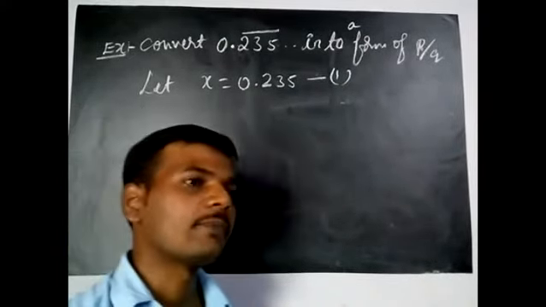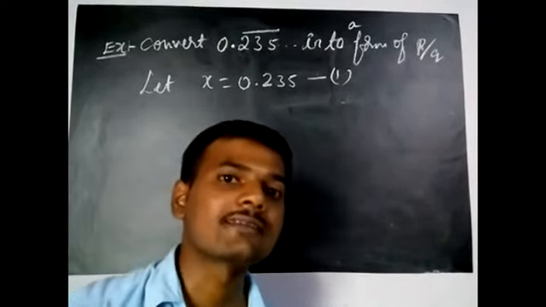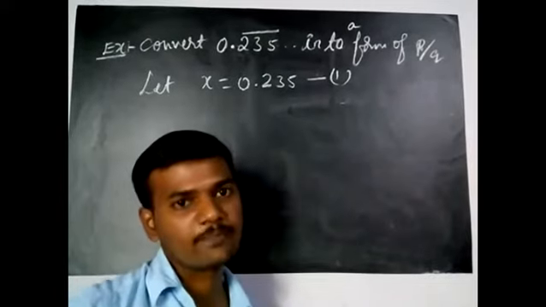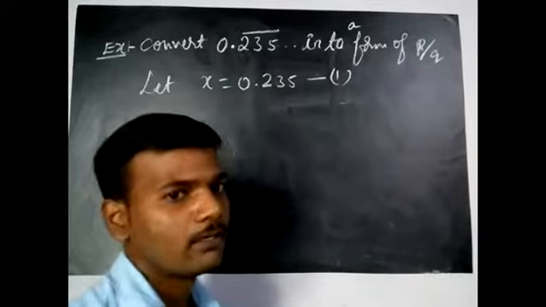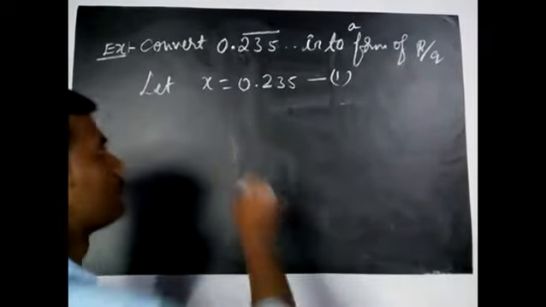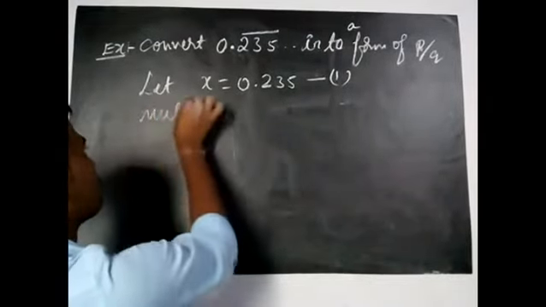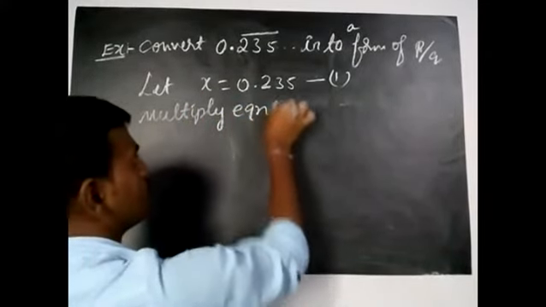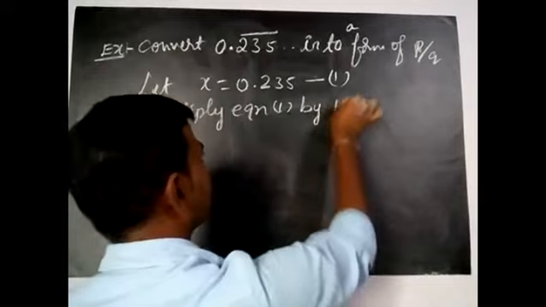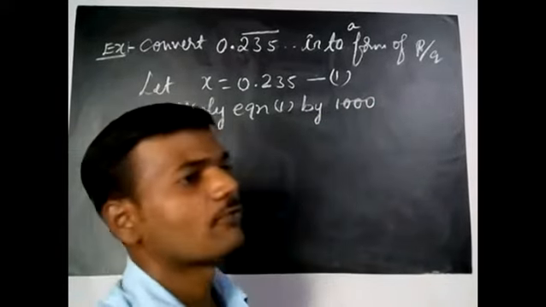How many digits are repeated here? 3 digits are repeating: 2, 3, 5. So 3 digits are repeating. So multiply equation 1 by 1000.